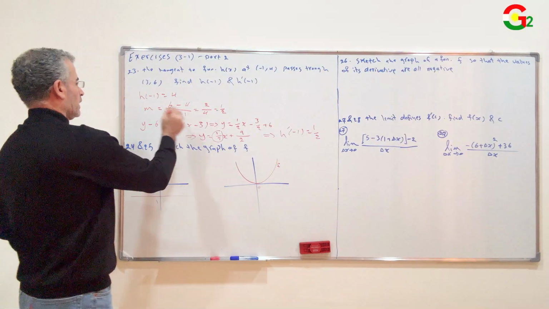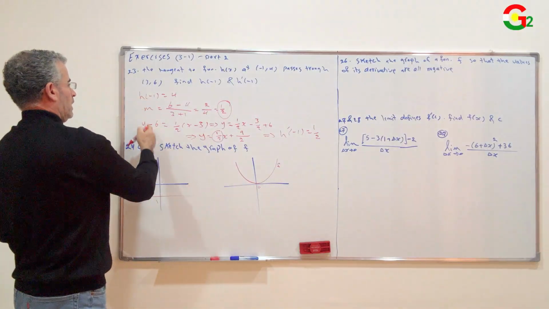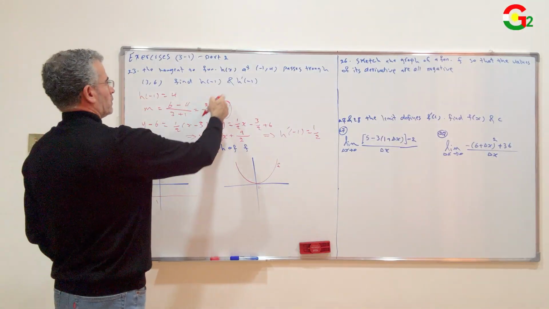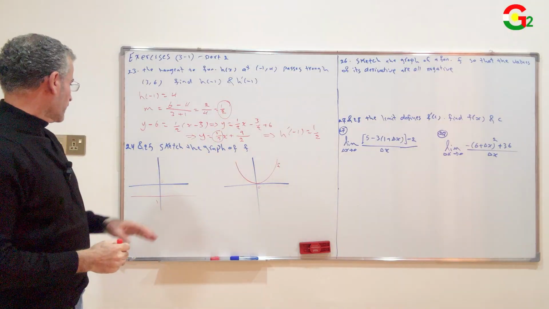Or we can directly say that since 1/2 is the slope of the tangent line, it is equal to the slope of the function at the point of tangency.